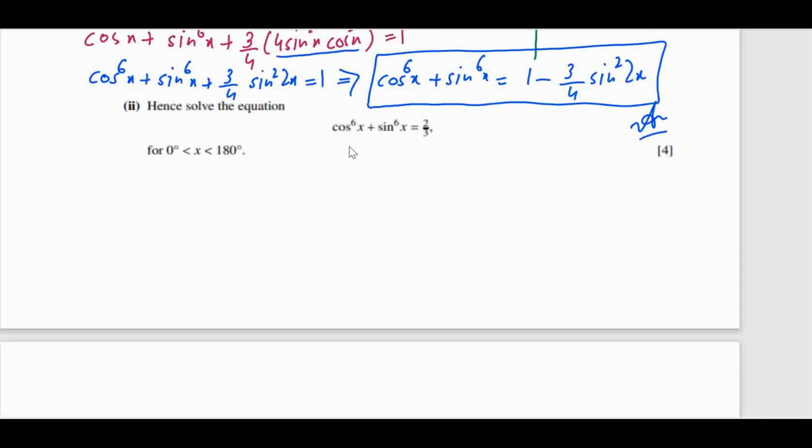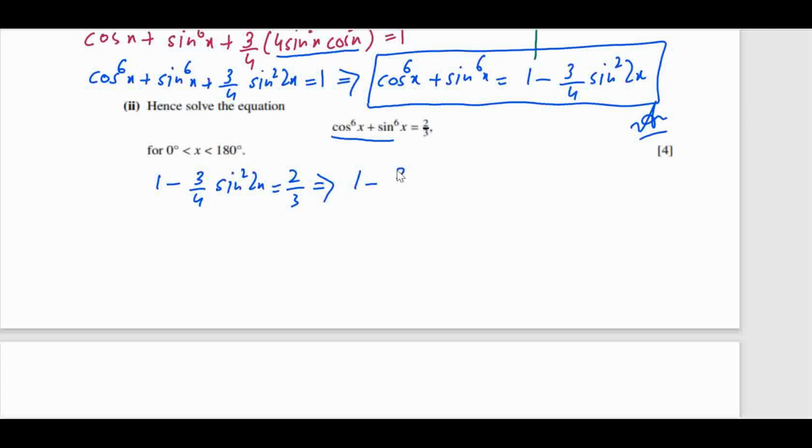So we know that this thing is equal to 1 minus 3 by 4 sine square of 2x, so simply write it over here. So 1 minus 3 by 4 sine square of 2x is equal to 2 by 3. Now the next step will be just to shift it to the other side.